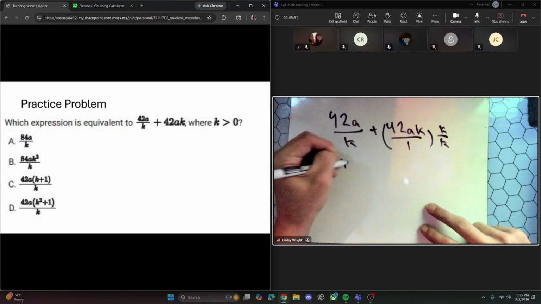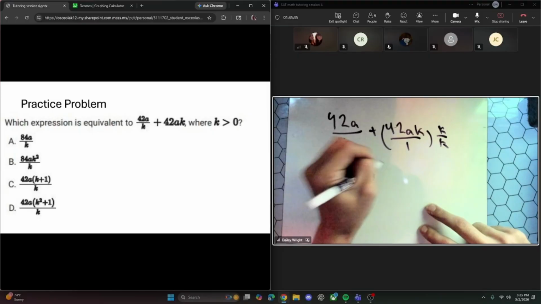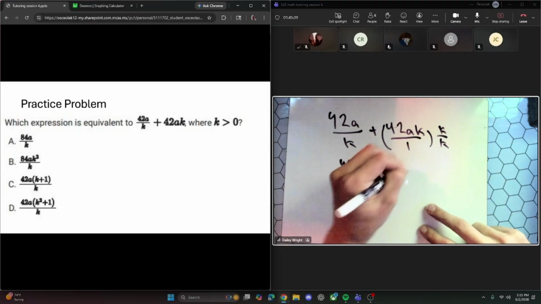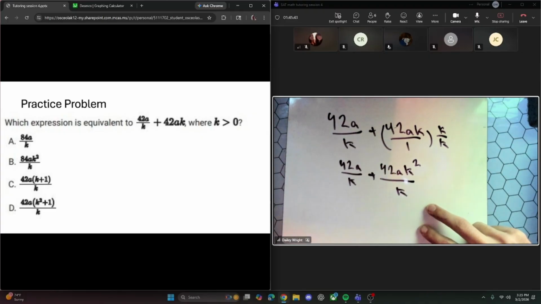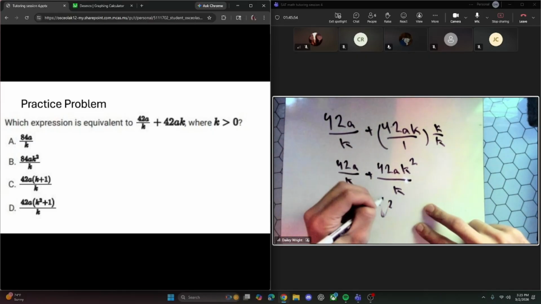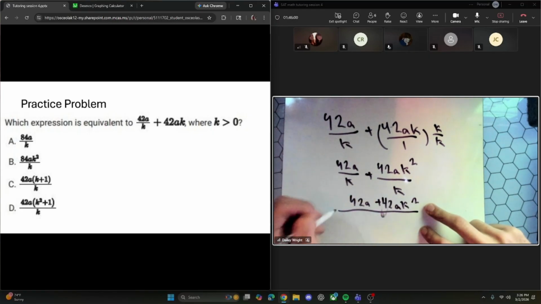So 42a over k plus 42ak times k is 42ak squared over k. Now we add those together. That would give us 42a plus 42ak squared all over k.